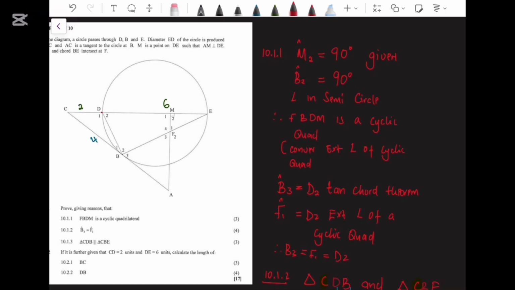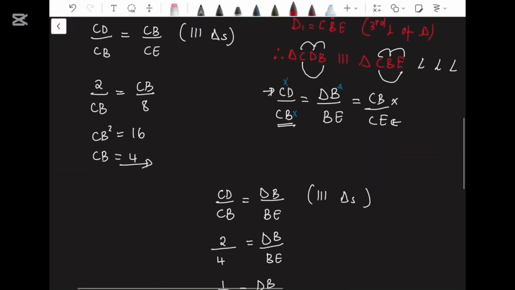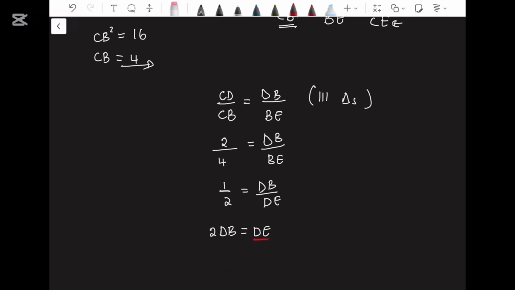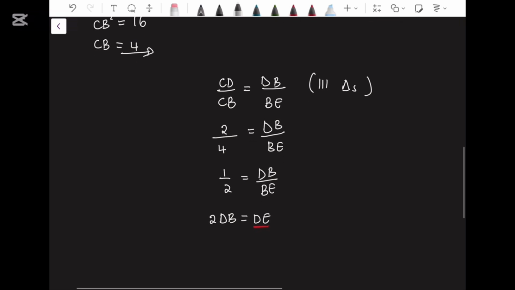We do have DE as 6. Why am I having... Oh, okay, here it's not DE. It's supposed to be BE. Let's fix this one. So this one is BE. Even this one here, it will be BE. Not DE, but BE. So BE is the same as 2BD.